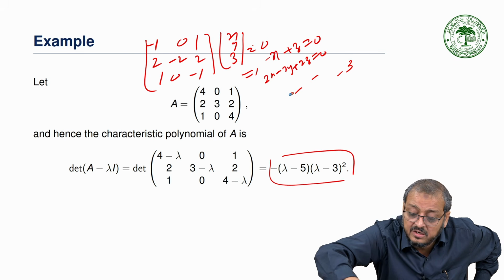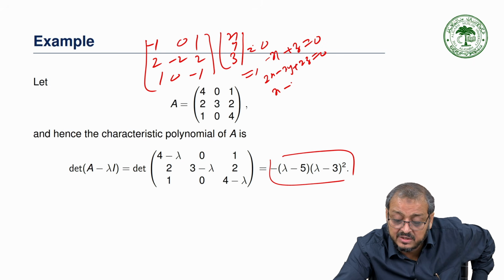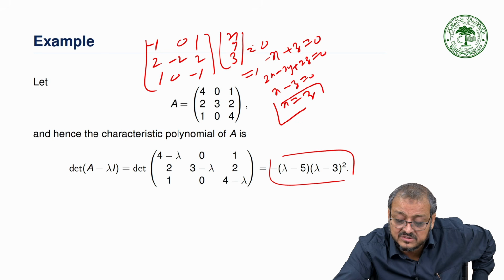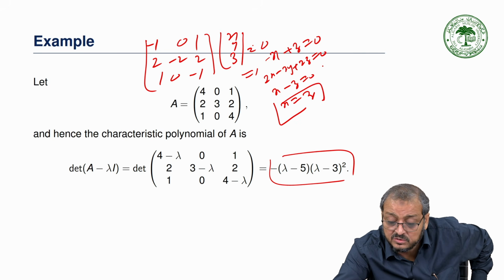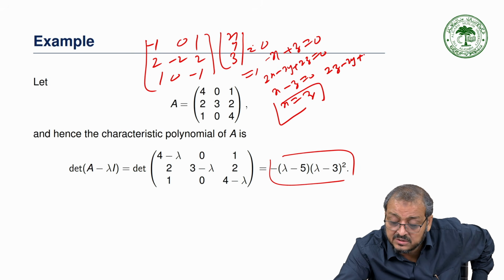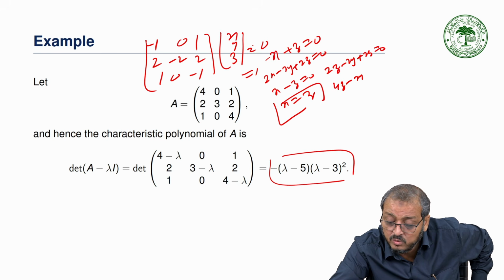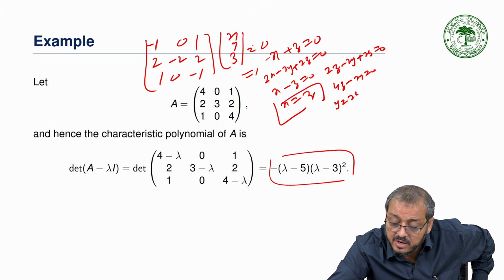Now we can write x minus z is equal to 0, so x is equal to z. If x is equal to z, we substitute here: 2z minus 2y plus 2z is equal to 0, so 4z minus 2y is equal to 0, so y is equal to 2z.